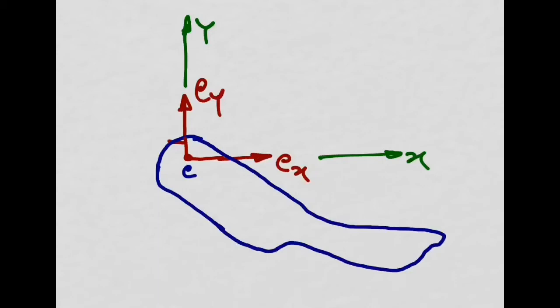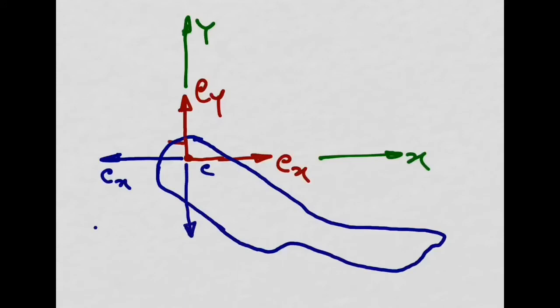What is going to happen? Newton's third law, the part in red will react on the part in blue with the same reactions at C, but in the opposite direction. So this is going to be my Cx, and this is going to be my Cy for my part in blue.